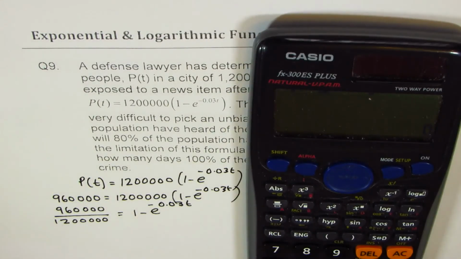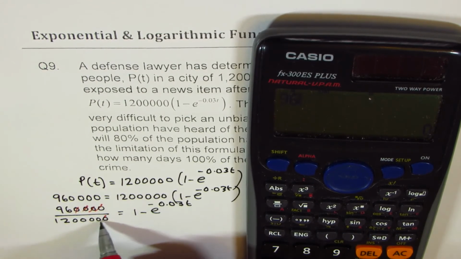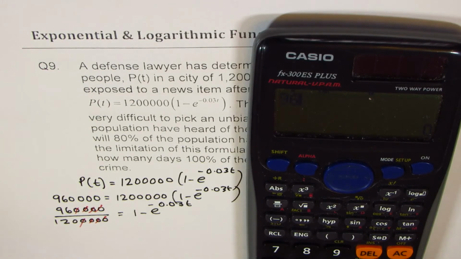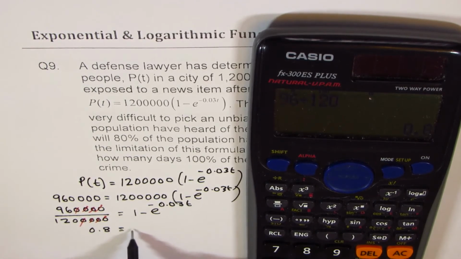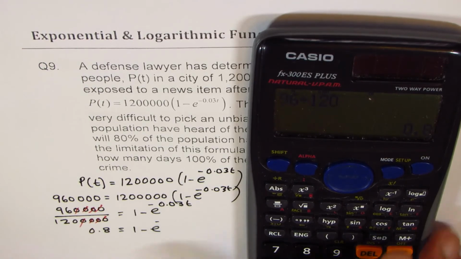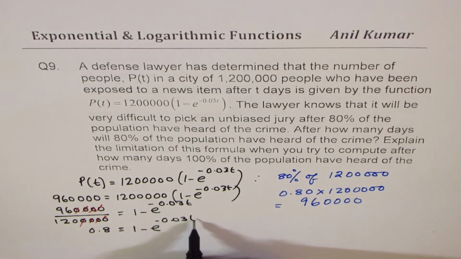So let's cancel the zeros. The 96 divided by 120 is 0.8. So 0.8 equals 1 minus e to the power of minus 0.03t.